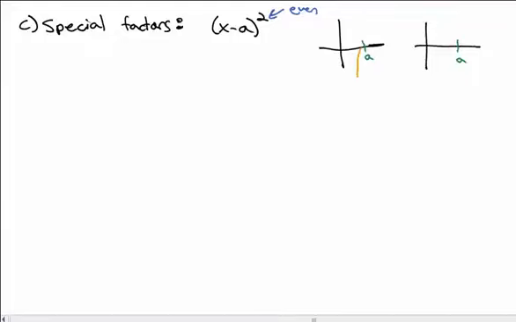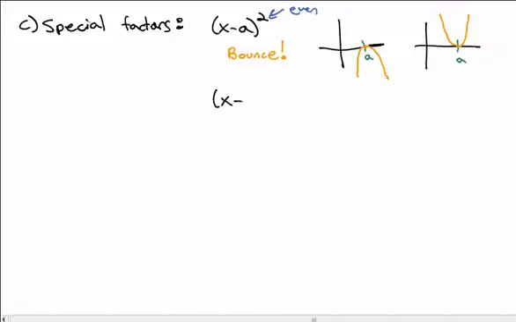So it goes through it once and comes out again. It's going to bounce back down. It's coming in from the top, hits it, and bounces back for the squared. Even exponents will bounce, just like x squared does, on the x-axis. Instead of going through, it's going to bounce.